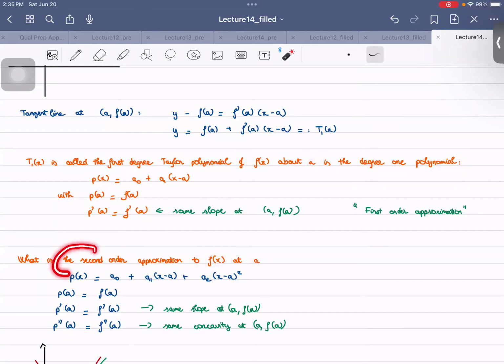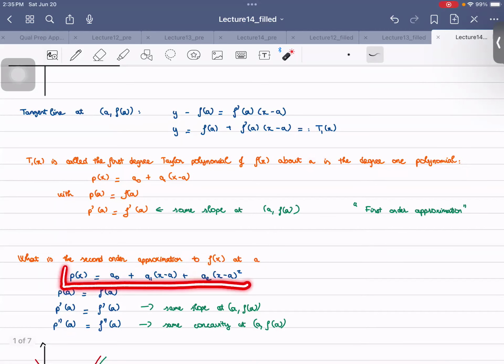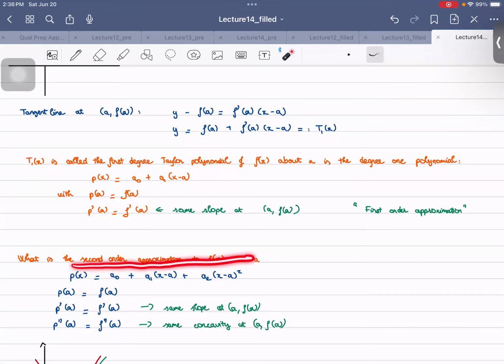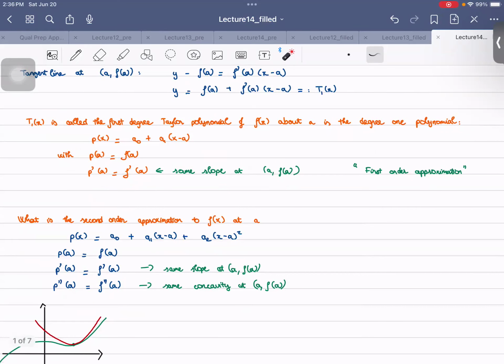When we talk about the second order approximation, the polynomial that we are going to use has degree two, so you have one more extra term. For comparison, the first degree Taylor polynomial carries two pieces of information: the output of the function at A, and the slope of the function at the point A.